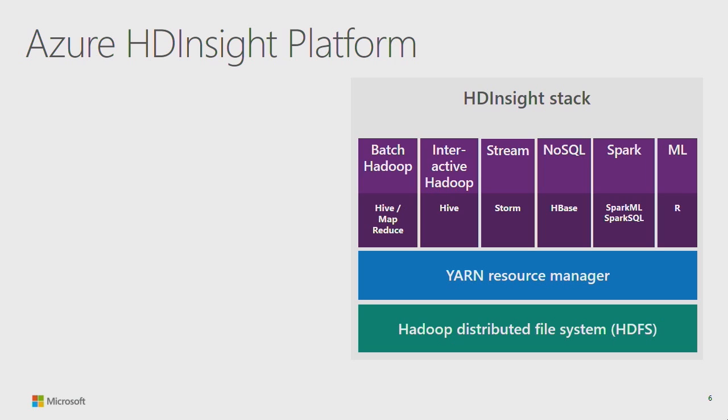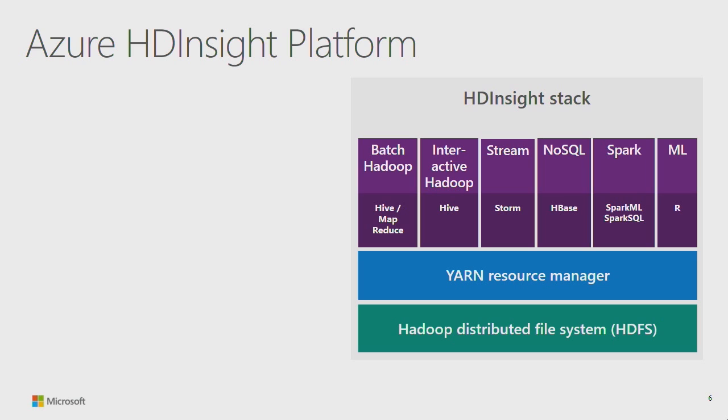So the difference is, if you're coming from on-prem or a different Hadoop vendor, typically you get all of these in one package together. The way HDInsight works is we actually break it into separate cluster types. The advantage of that is we can optimize for a particular scenario.